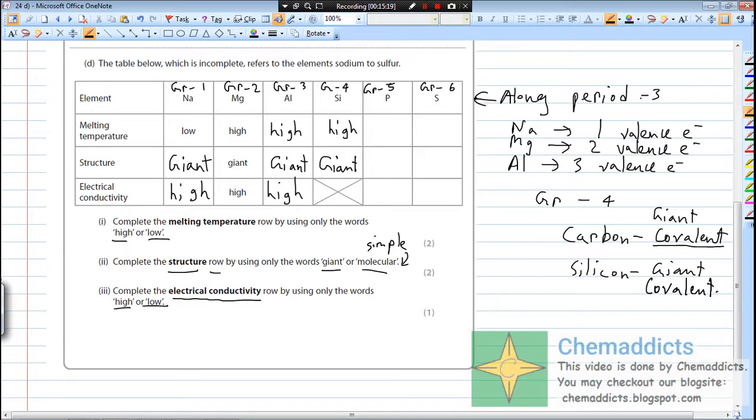So that is why we are writing the structure of silicon as giant, not molecular. Molecular is for simple molecular structure, for non-metals which exist as simple molecules. Silicon doesn't exist as simple molecules; it exists as a giant covalent structure.